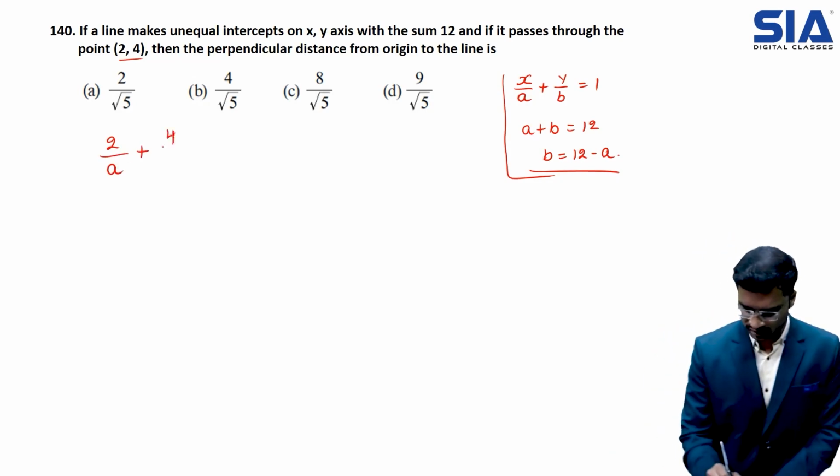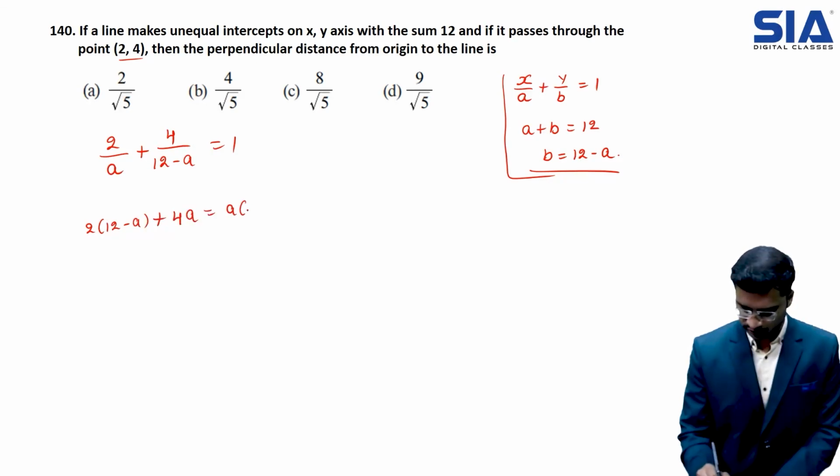2 comma the value of a is here, and 4 comma the value of b is what? 12 minus a is equals to 1. So 2 into 12 minus a plus 4a is equals to a into 12 minus a. So 12 2s are 24. 24 minus 2a plus 4a is equals to 12a minus a square.